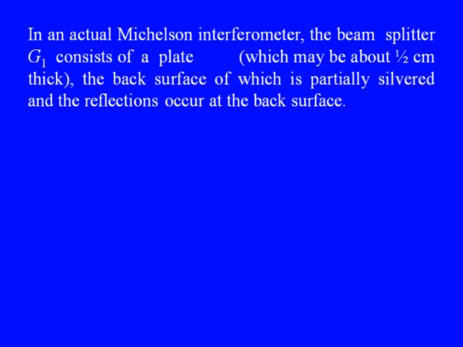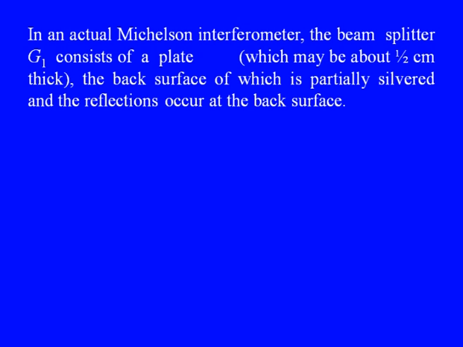Now, another problem, simple problem though in this setup. In an actual interferometer, the beam splitter G1 is not a line, it consists of a plate naturally, which may be about half a centimeter thick.